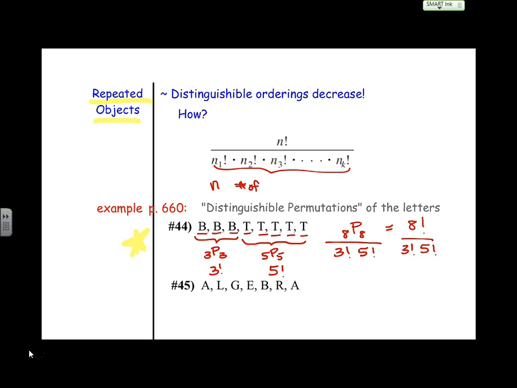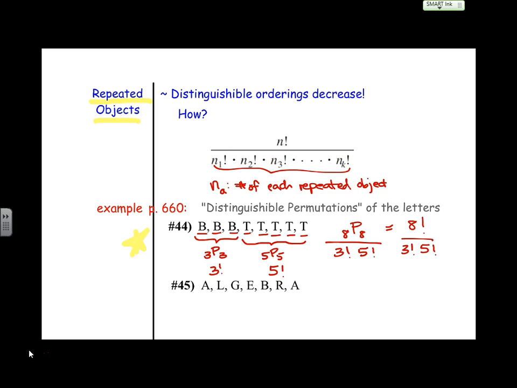I'll just say n sub A, the number of each repeated object. Meaning, how many B's do we have? 3. So then divide by 3 factorial. How many T's do we have? 5. So divide by 5 factorial.